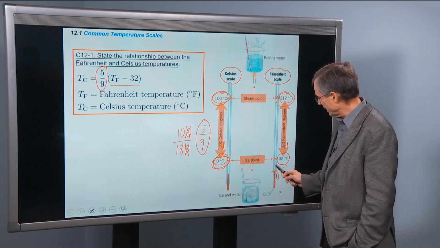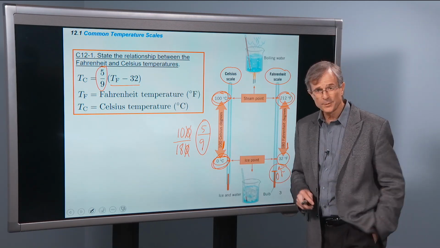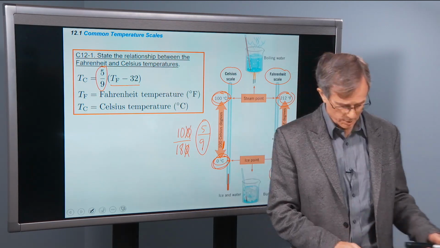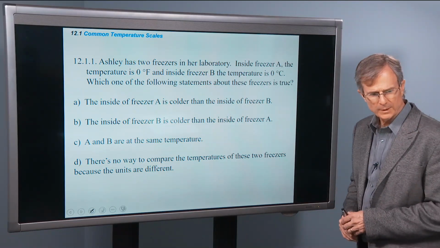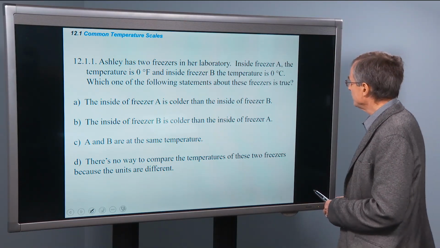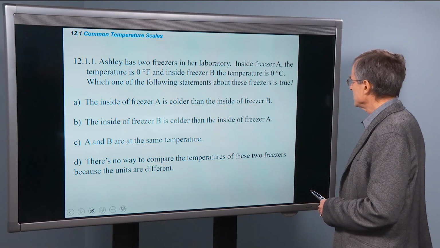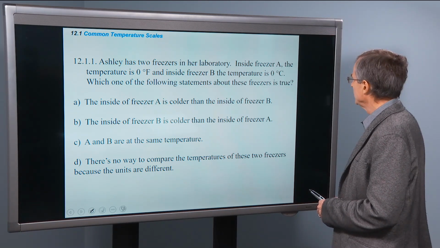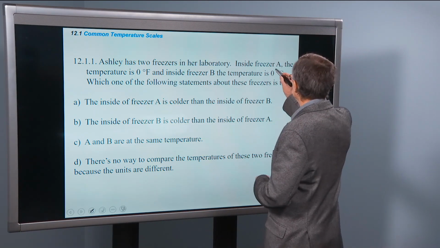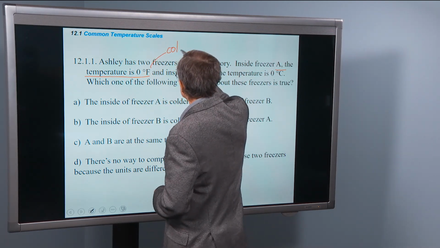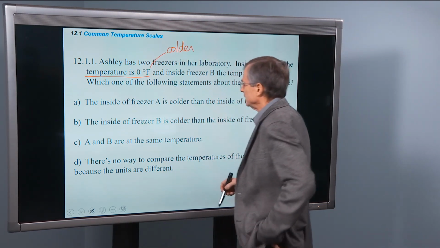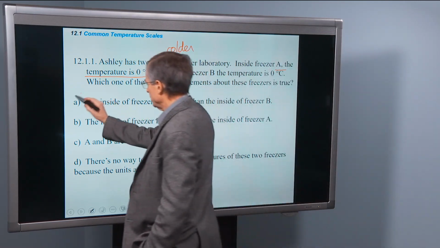So 0 degrees Fahrenheit is going to be colder. And we could do it with the math too. So freezer B is 0 degrees C. Freezer A is 0 degrees Fahrenheit, and that one's colder. So that's the one that we want.